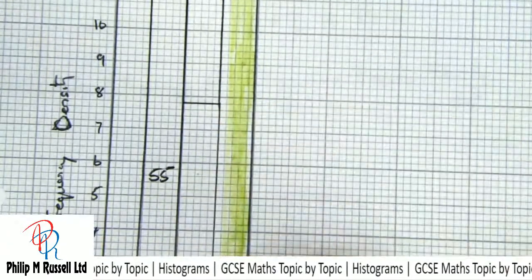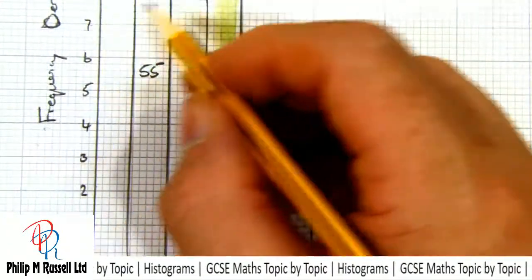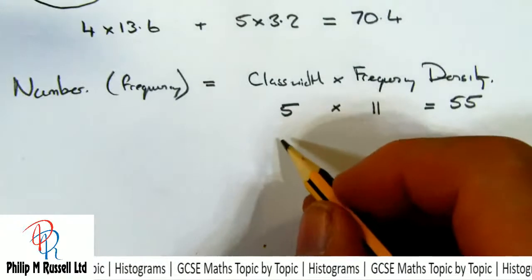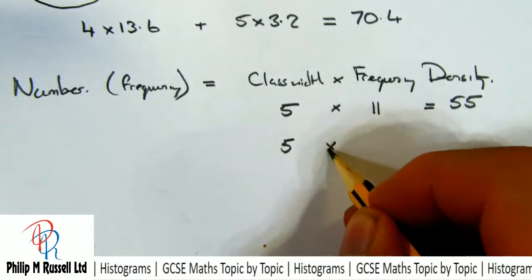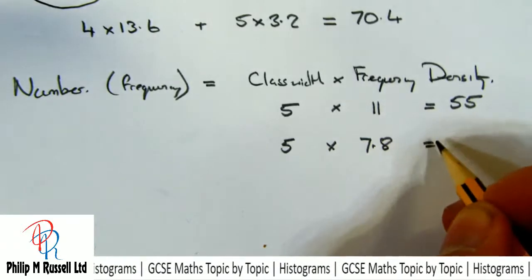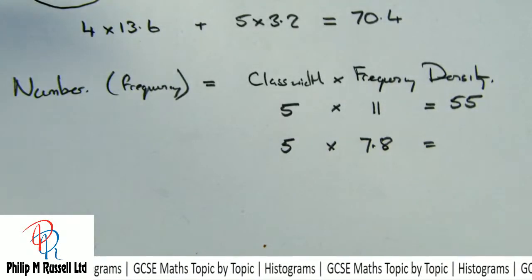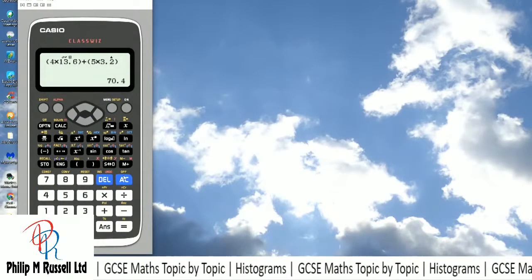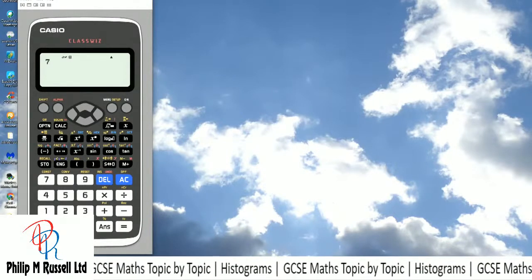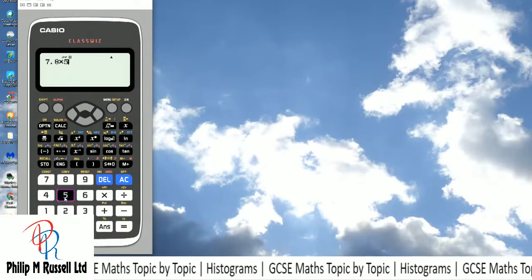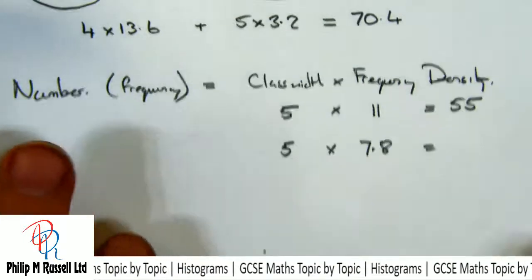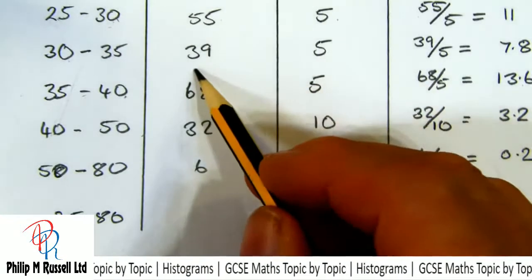If I look at the next one and I don't know what this is and I want to work it out, we can measure this up here and say it's 7.8, and we know it's got a width of 5. So class width 5 times 7.8, and I can work out that number simply by going into the calculator, and we can say this is going to be 7.8 times 5, and surprisingly it comes up with the answer 39, which is in fact the number that we had here.